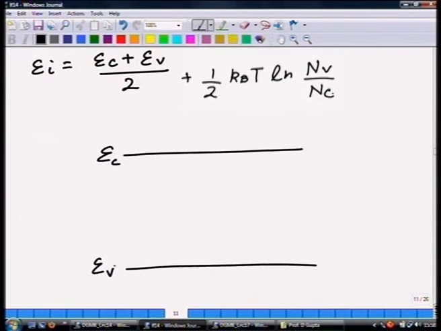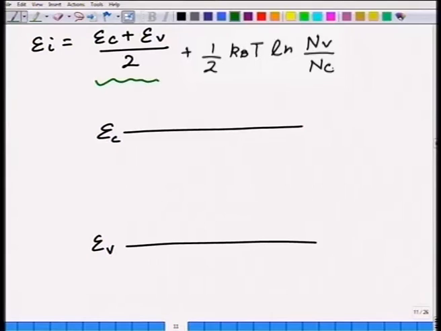If this is EV, where does the Fermi energy lie for an intrinsic semiconductor, a chemically pure semiconductor, where n is equal to p? In that case, we find that the Fermi energy is right in the middle. This point is right here, exactly in the middle, EC plus EV divided by 2.